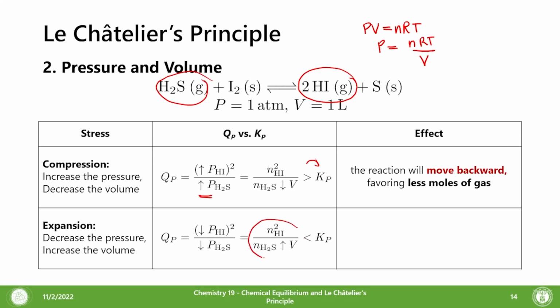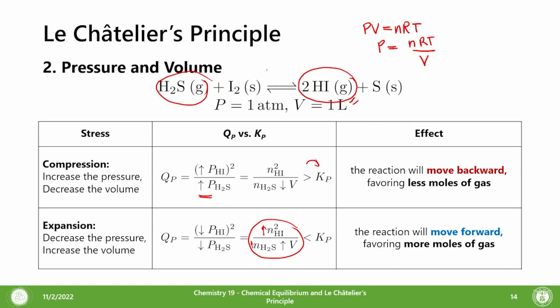In the same manner, when we increase the amount of volume, then in order to match Kp, we also have to increase the amount of moles. So what this means is that when we increase the volume and decrease the pressure, it will be favoring more moles of gas to be formed. So the product side in this case. Okay?